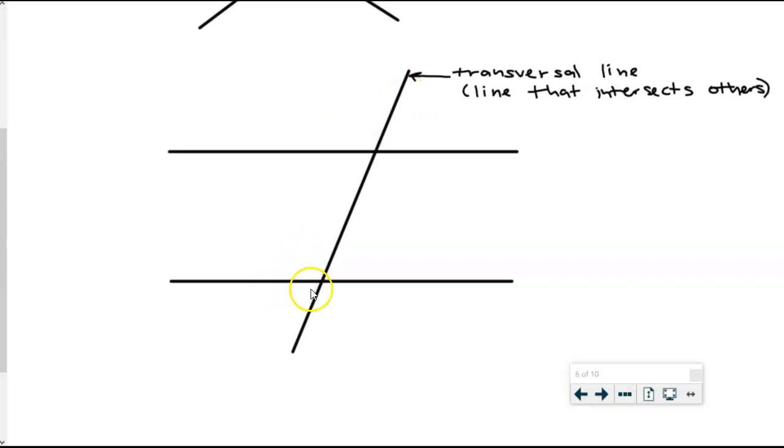What is the relationship between this angle and this angle? Seth. Yeah, it's vertical angles. Same one that I already showed you up above. I'm just going to show you the same relationship on a diagram that has parallel lines. Okay, this is vertical angles.